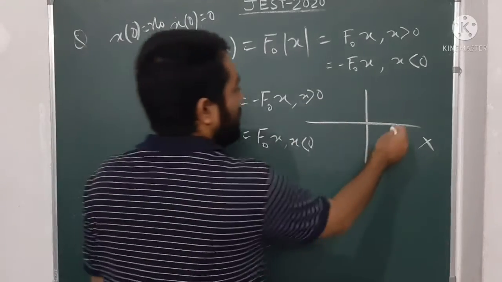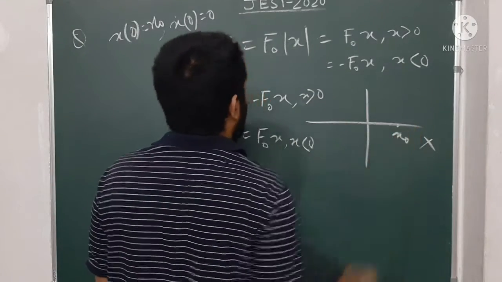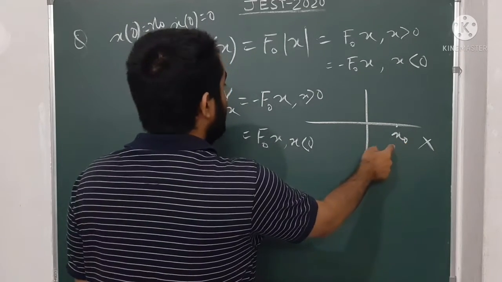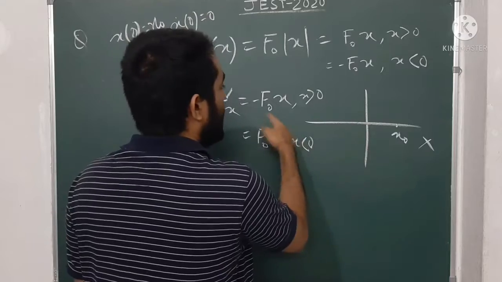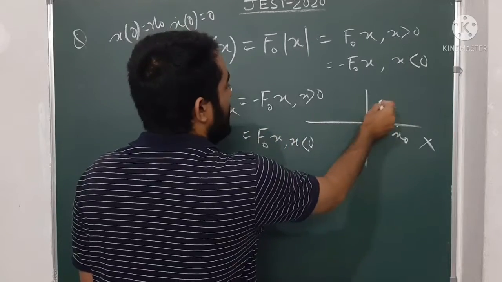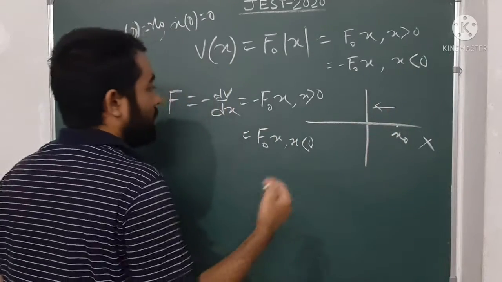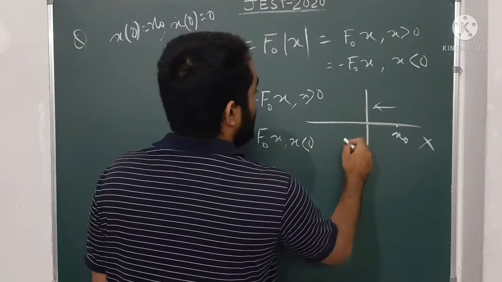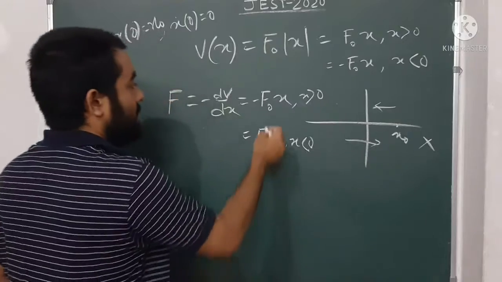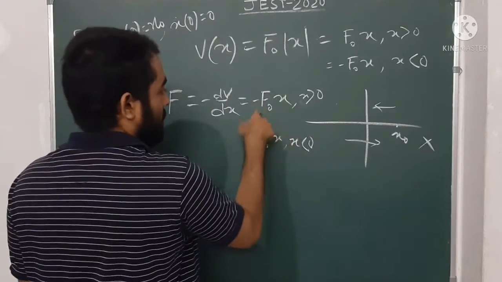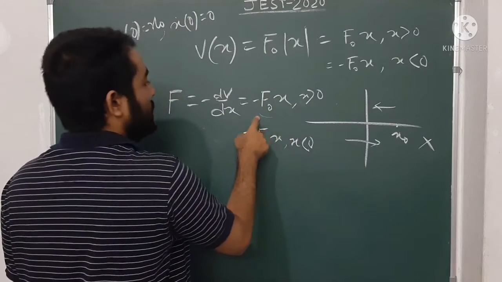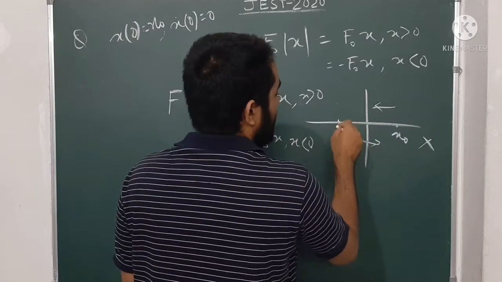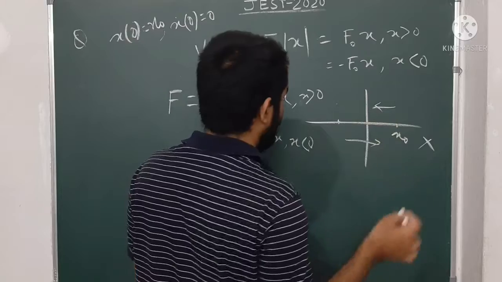That means when the particle is in the positive region, the force is along the negative direction, so the particle feels an attractive force, and when the particle is in the negative region, it feels a repulsive force. Since the magnitude of the force is the same, the particle must travel an equal distance on both sides.